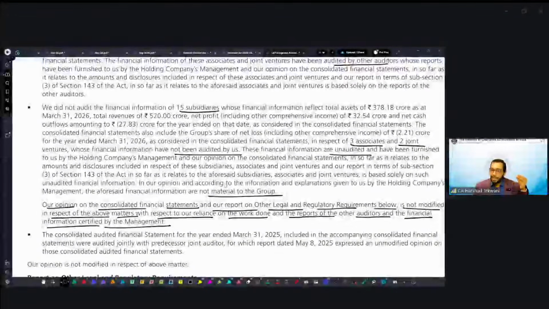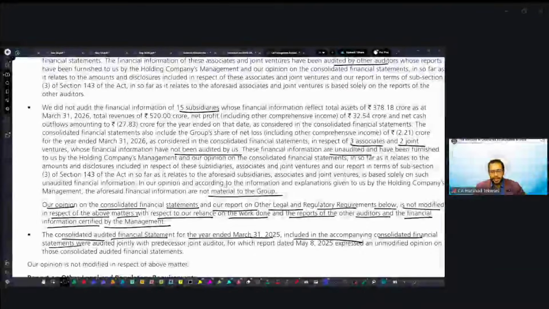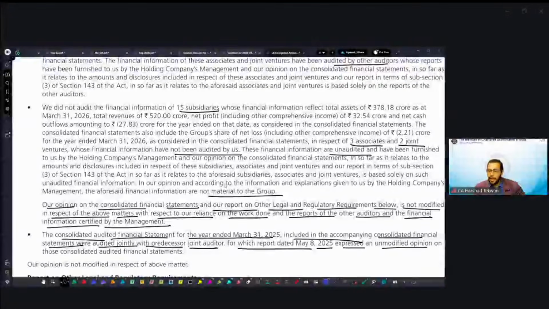That means there is no modification based on the other auditors' report. Plus, the consolidated audited financial statement for the year ended 31st March 25 included in the accompanying consolidated financial statement were audited jointly with the predecessor joint auditor, for which the report dated May 8, 2025 expressed an unmodified opinion on those consolidated financial statements.